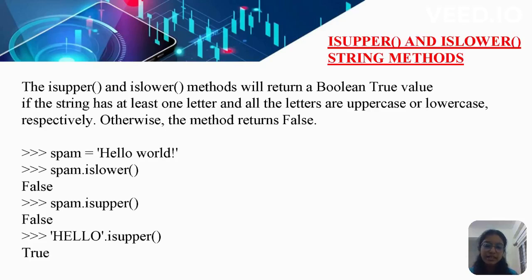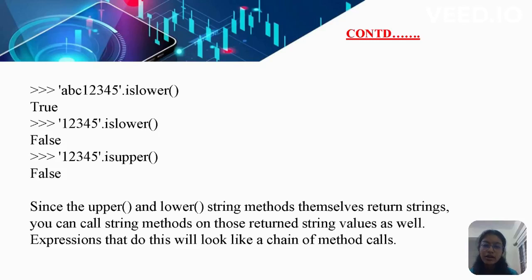Otherwise, the method returns False. spam = 'Hello world'. spam.islower() is False. spam.isupper() is False. 'HELLO'.isupper() is True. 'abc12345'.islower() is True. '12345'.islower() is False. '12345'.isupper() is False.